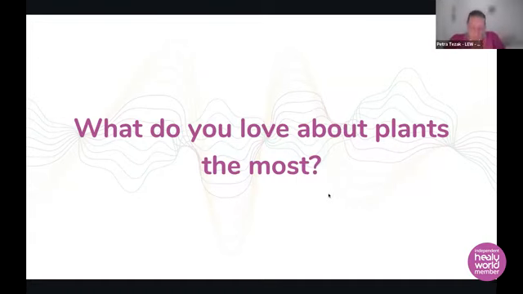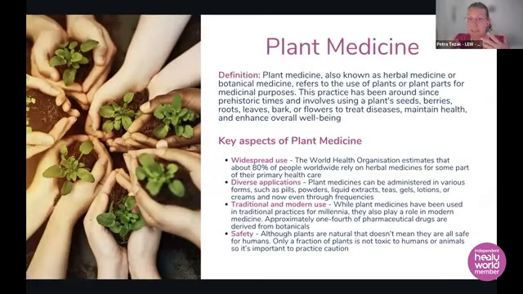So there's so much more to plants than we can imagine. When we look at what plants can give us, the first thing we can connect to is plant medicine. Plants have been used for medicinal purposes for eons, since we literally lived on Earth, and probably before. Plant medicine is also known as herbal medicine or botanical medicine.